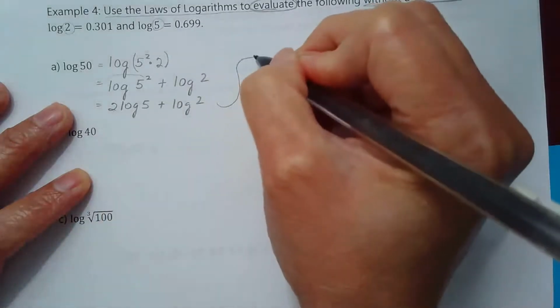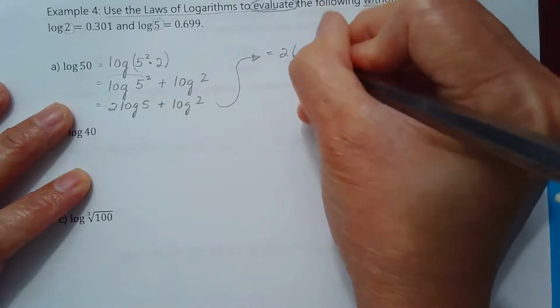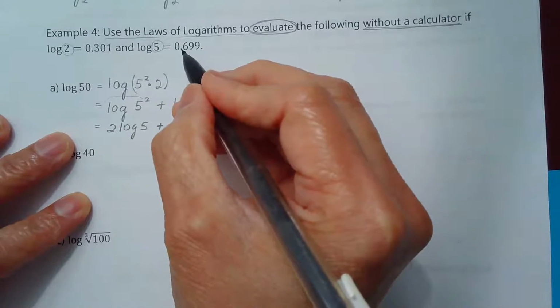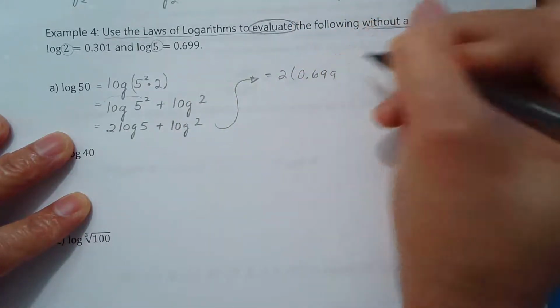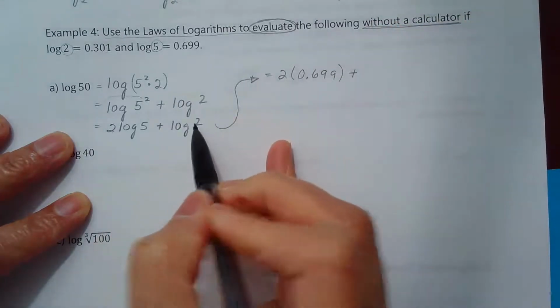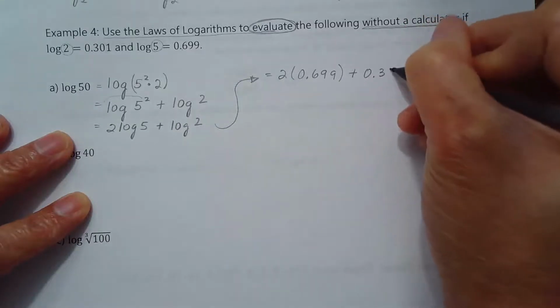I can rewrite that as 2 times, I know what the log of 5 is. Log of 5 would be 0.699, plus log of 2. Log of 2 is 0.301.